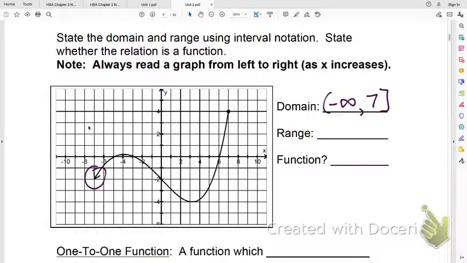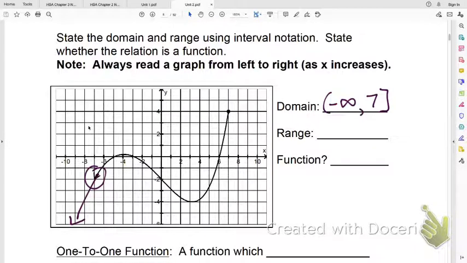All right, same thing with range, but you do have to be careful on this. Think about for range, bottom to top, what is going to be the lowest y value, or where does the graph stop on the bottom? I hear -4 and I hear negative infinity. -4. Which one is it? Negative infinity. Why? They tricked you with that.